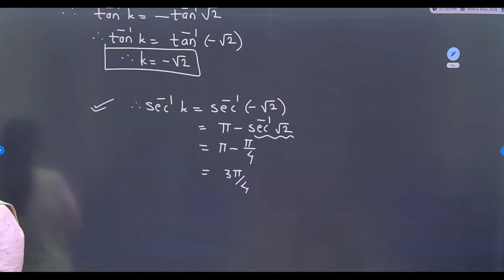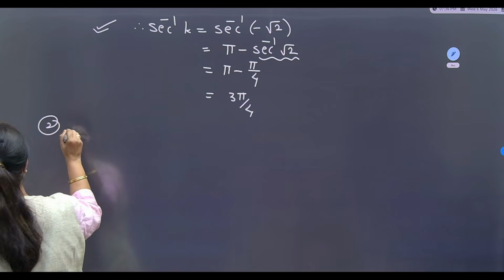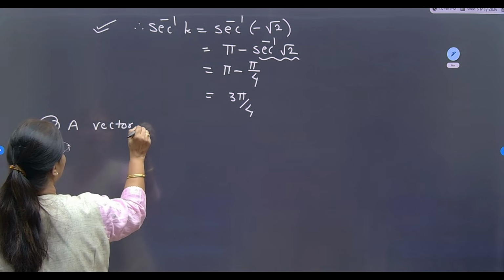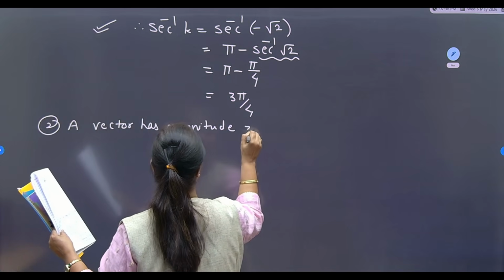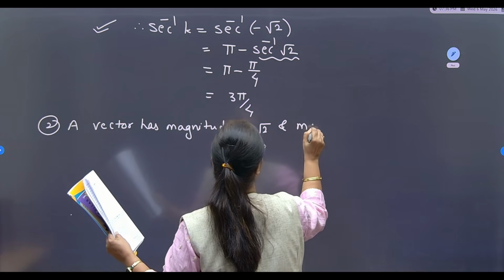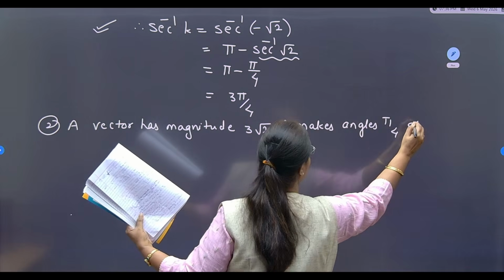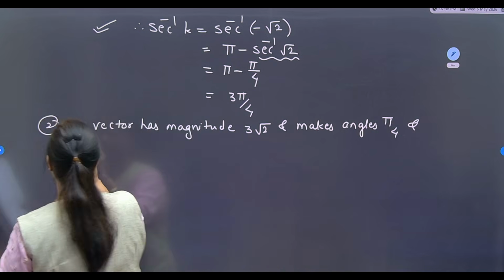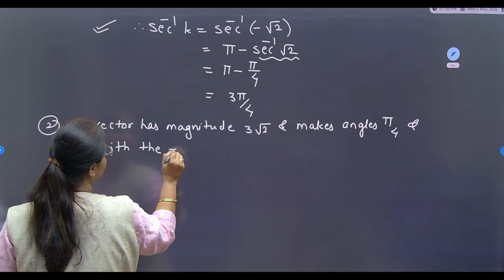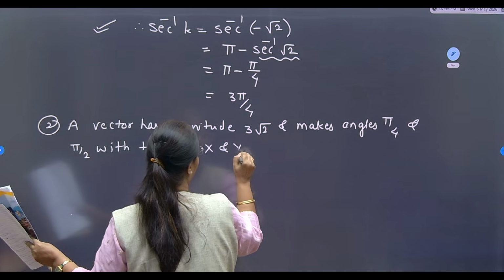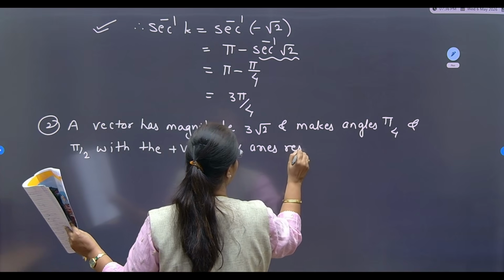Okay, example number 1 is done. Next, example number 2: a vector has magnitude 3 root 2 and makes angles pi by 4 and pi by 2 with the positive x and y axis respectively.